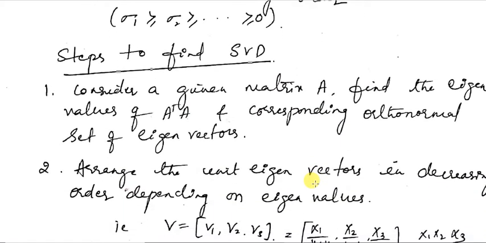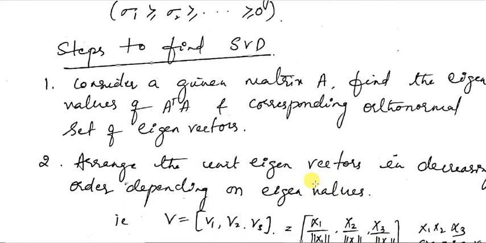So here is the procedure to decompose the given rectangular matrix into a product of three matrices. These are the steps which we have to follow to obtain the singular value decomposition.